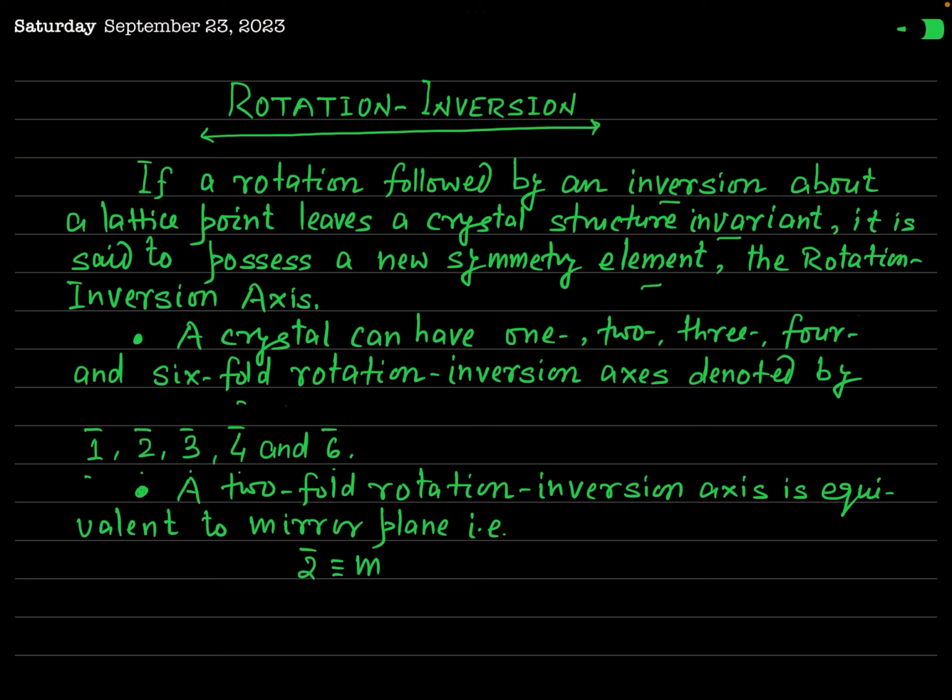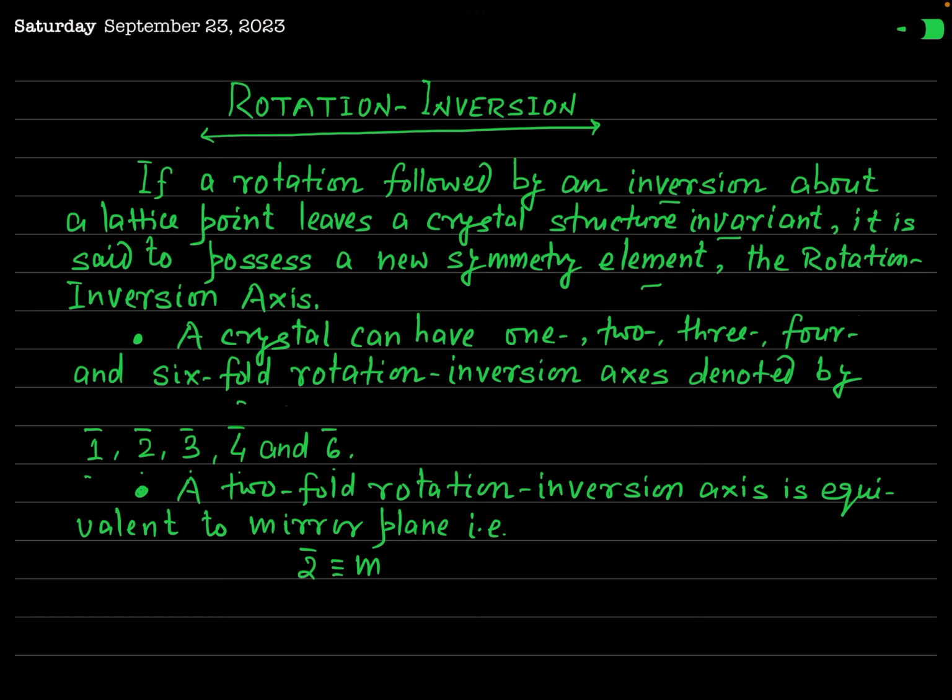As you have learnt in the previous lecture, a crystal does not have 5-fold rotation symmetry. In a similar manner, a crystal cannot have a 5-fold rotation inversion axis, because it does not possess five-fold rotation symmetry.